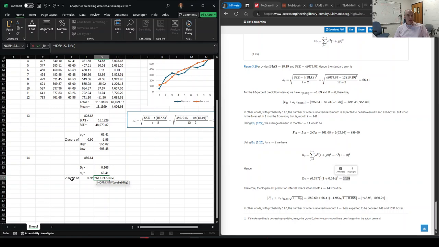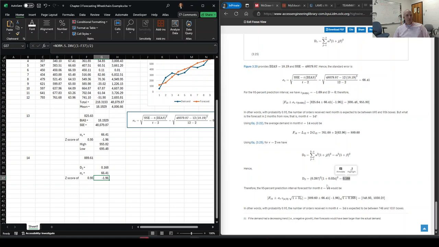Probability is 1 minus that 0.95. That's going to give us 0.05 divided by 2. We're going to cut that in half. It's going to give us the negative 1.96. And again, we have some more decimals there, which is going to affect some of the rounding.